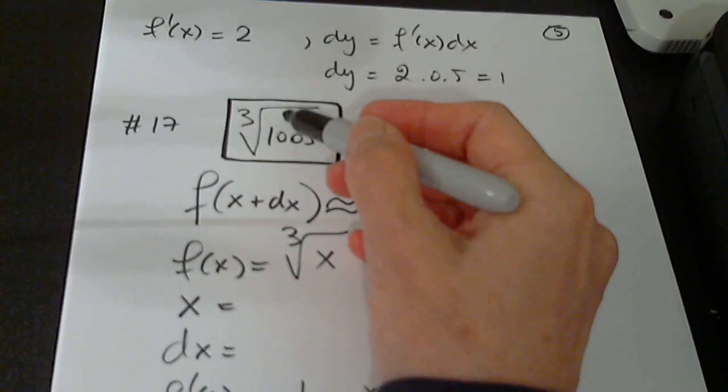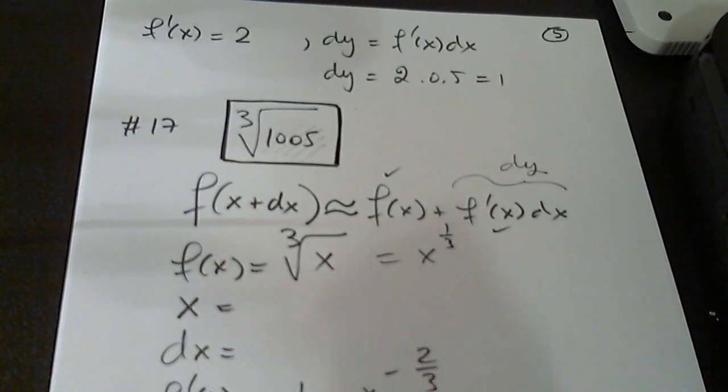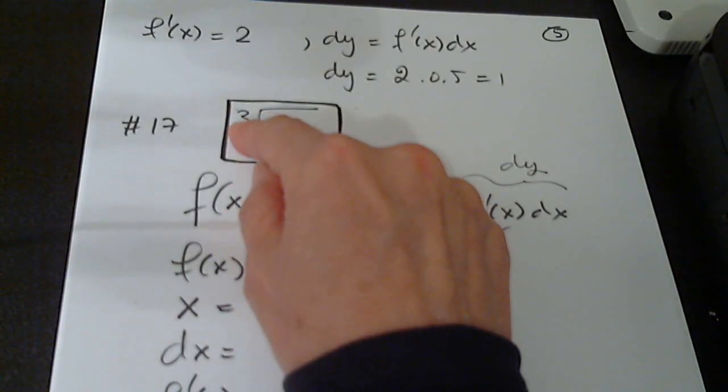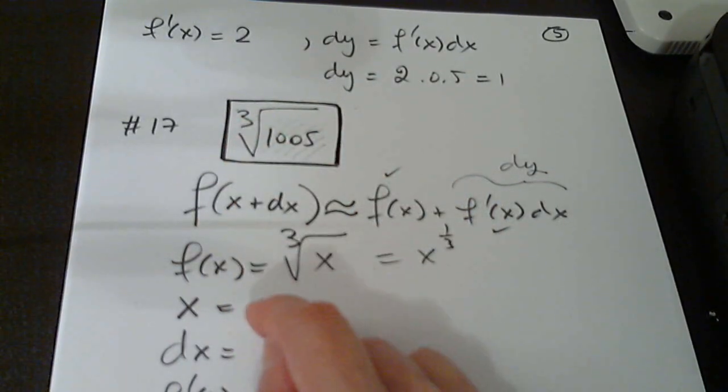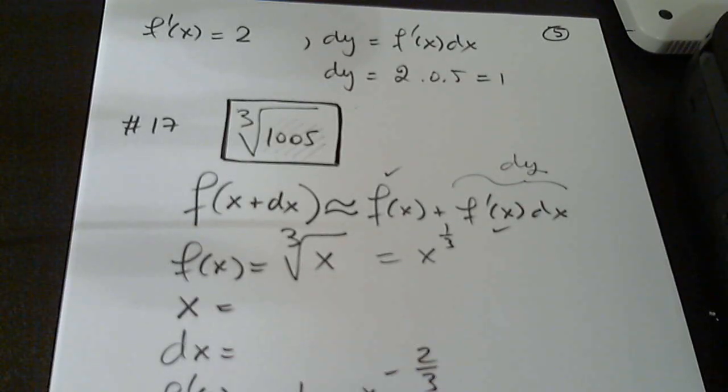Now look at this number and think in terms of the cube root and identify x and the small error. What do you think x would be? x is 1,000? Of course.